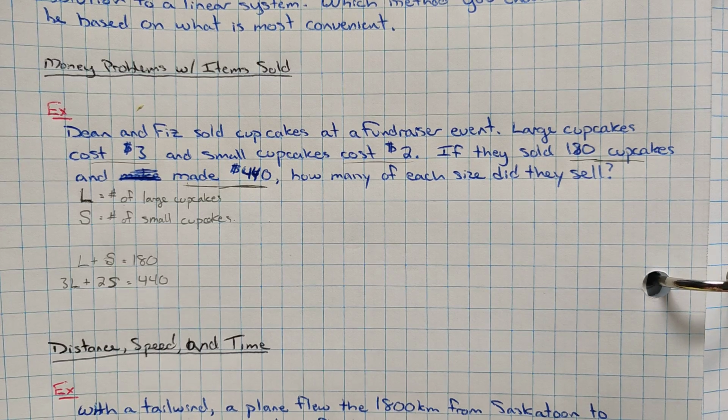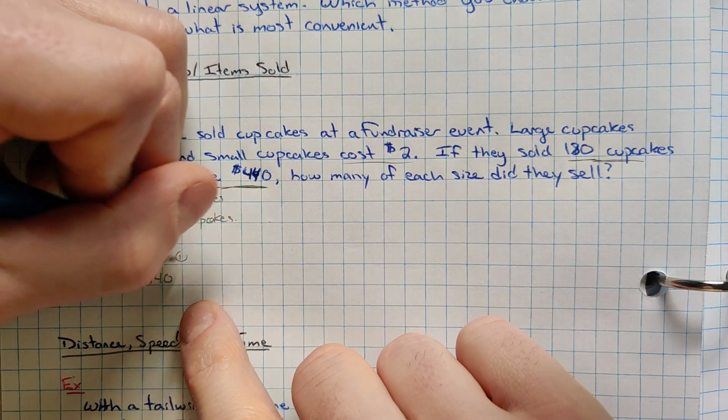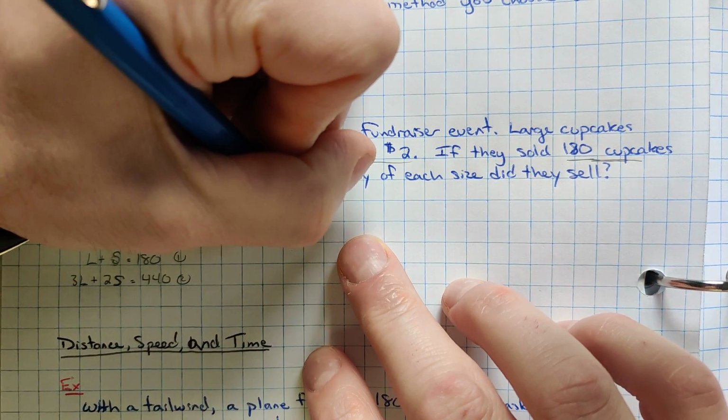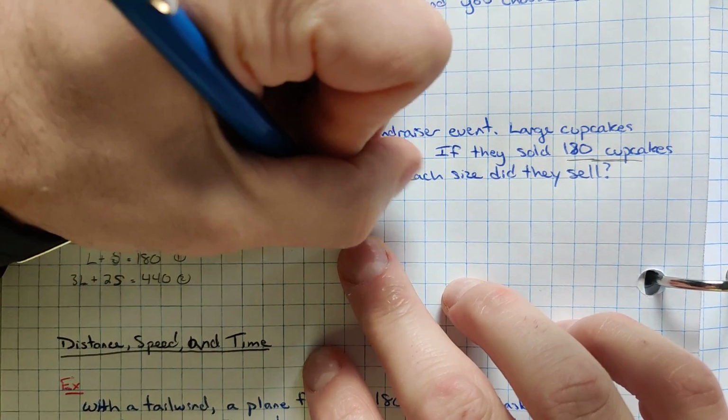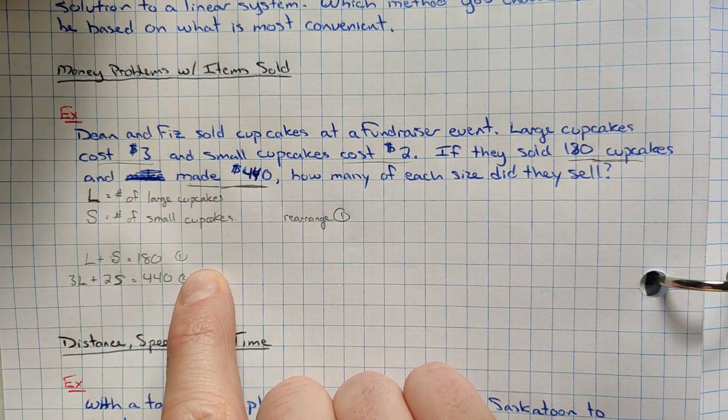This one works out well for either solving by substitution if we rearrange the first equation, or solving by elimination. Let's do substitution on this one. So we're going to rearrange 1. We're just going to take the L and throw it over to the other side.